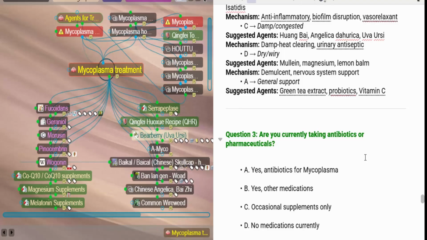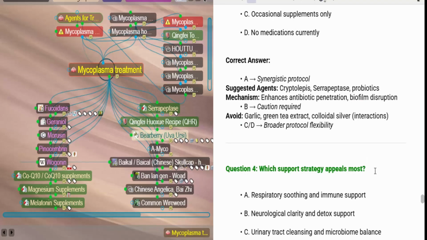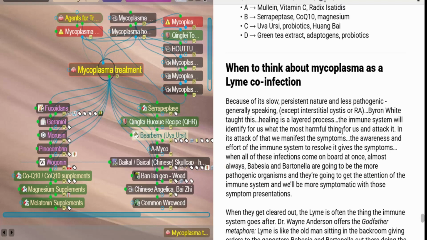And just follow the decision tree down for further guidance there. Finally, we reach number 4, which support strategy appeals the most to you? And finally, when to think about Mycoplasma as a Lyme co-infection.